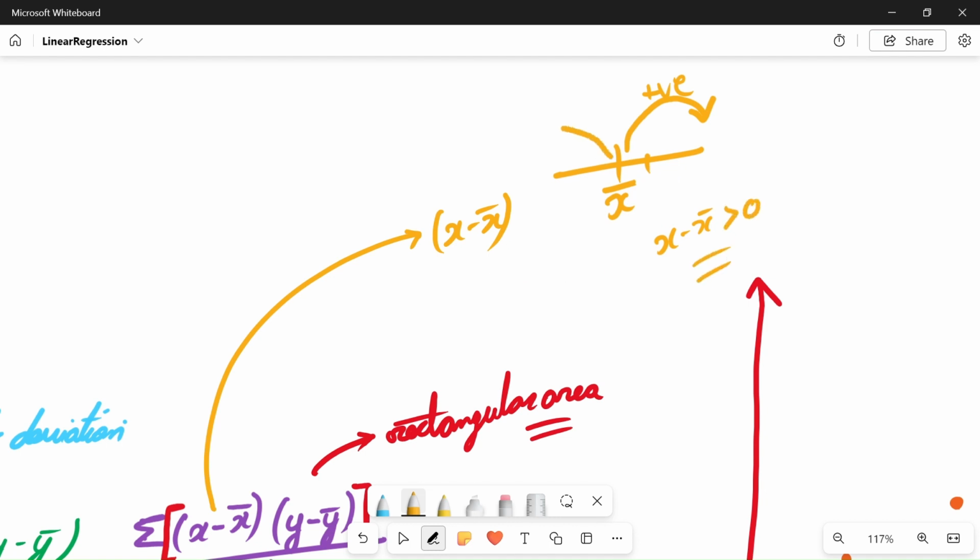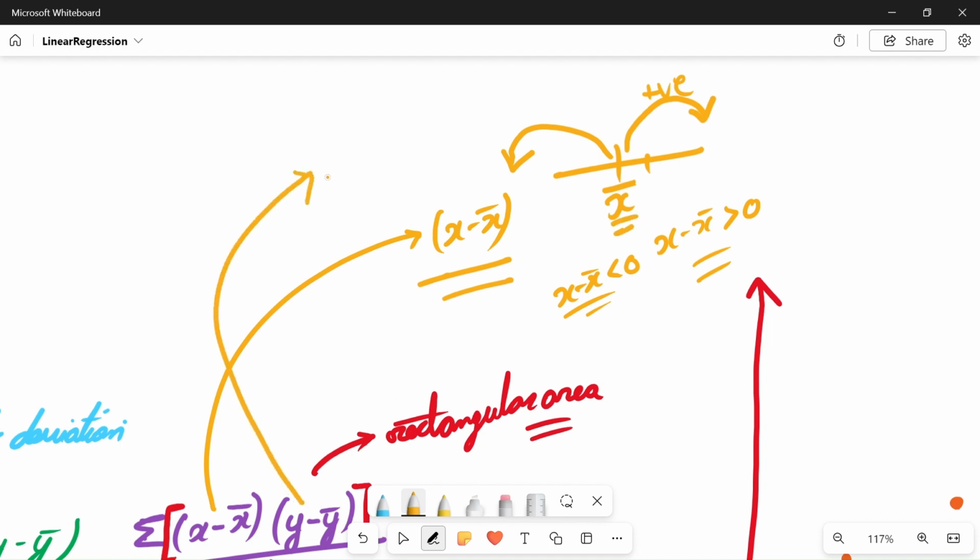And if you take any point to the left of x bar, then x minus x bar will always be negative, right? So we have actually performed the transformation of axes and shifted the origin to x bar. And here we have shifted the origin to y bar.